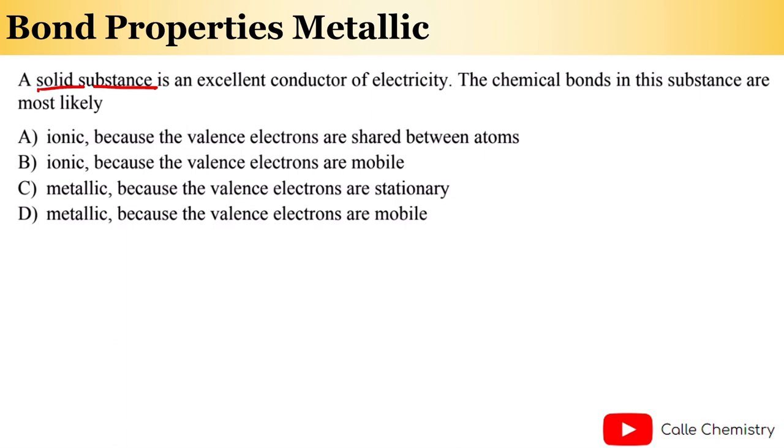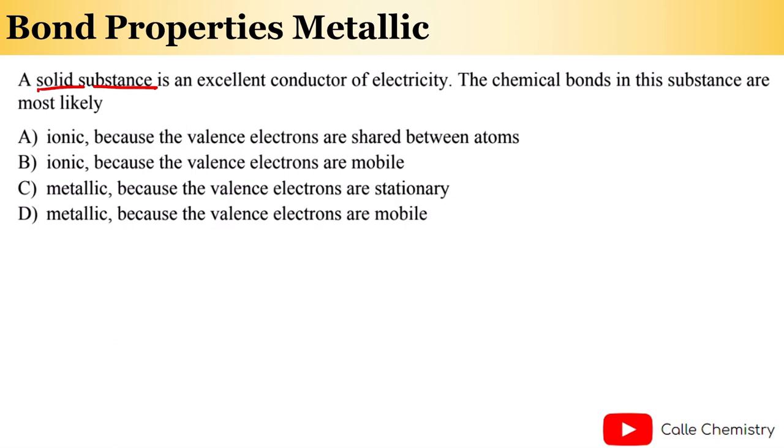C says because the valence electrons are stationary, and D says the valence electrons are mobile. So which one are you going to go with? Well, if something is conducting electricity, there's a movement of something. And if we're talking about electricity, there's a movement of electrons.